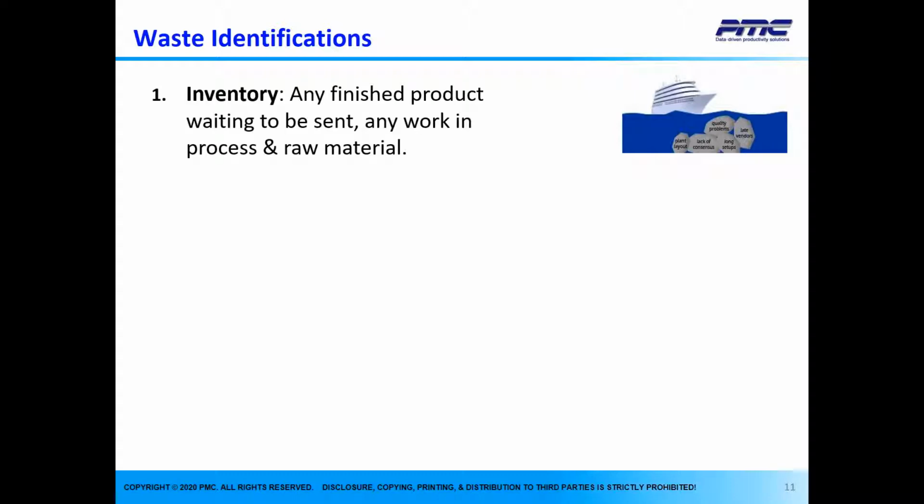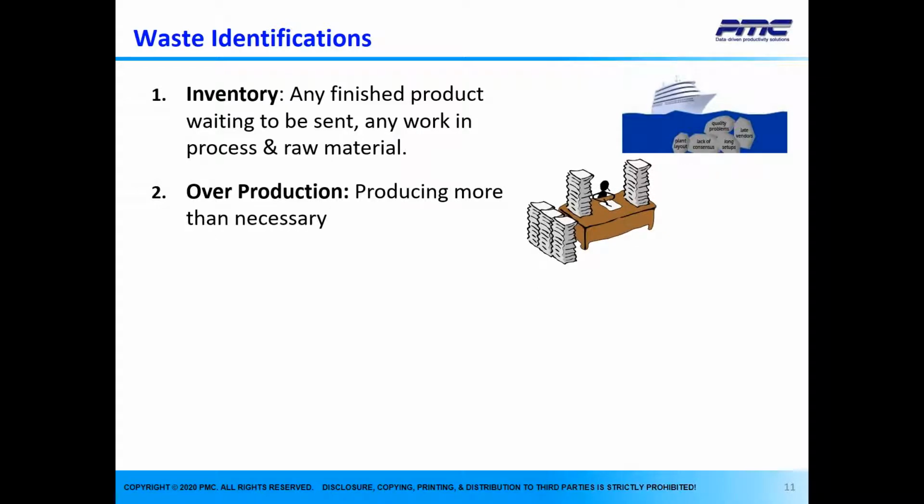The waste identifications. When we have face-to-face training, this is a good discussion point. Inventory: any finished product waiting to be sent, any work in process, and raw material are all considered to be inventory.